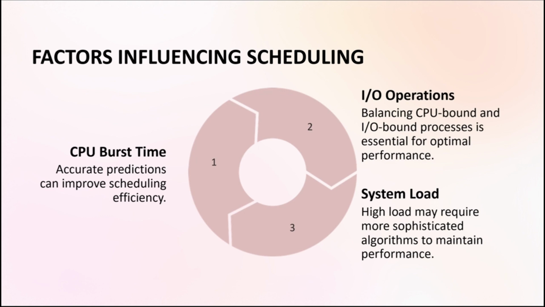Then we have the system load, which takes a high load. It may require more sophisticated algorithms to maintain performance. This is the amount of work the CPU is handling at a given time.